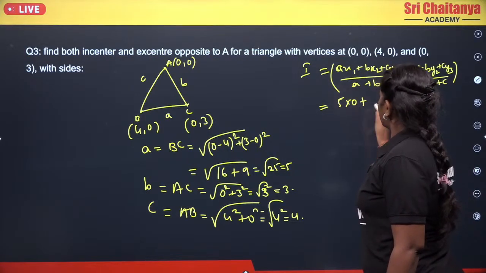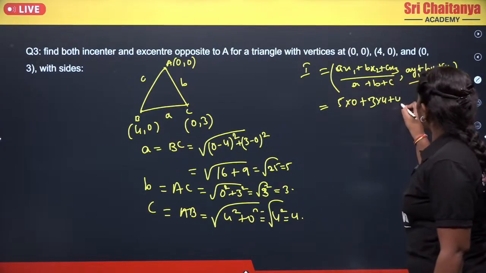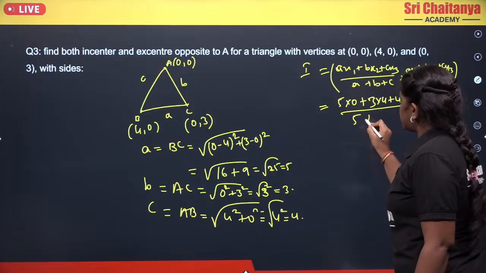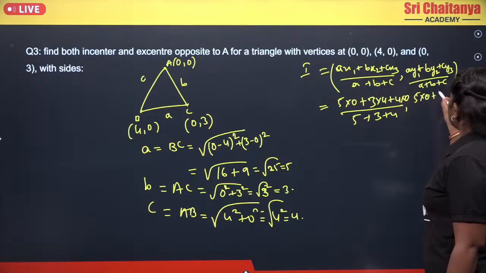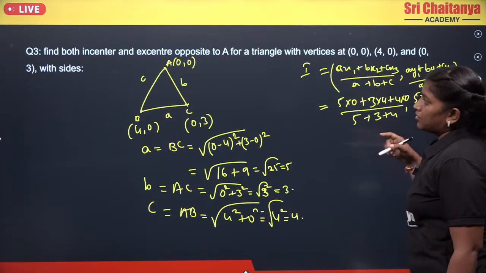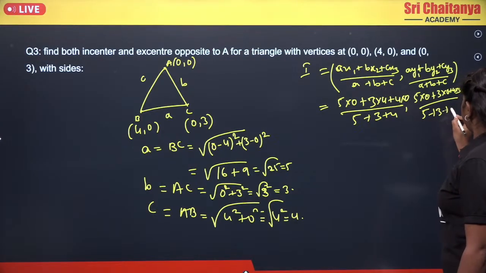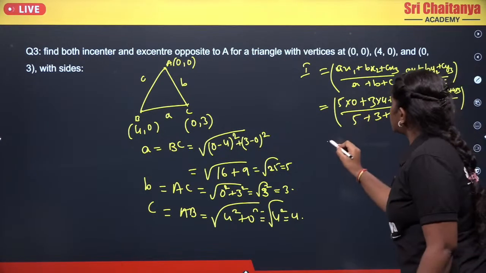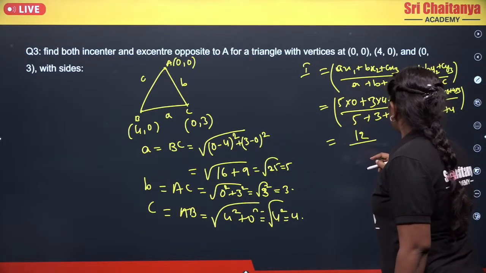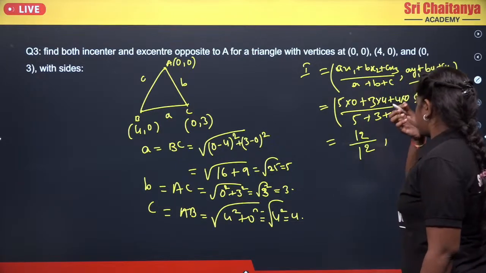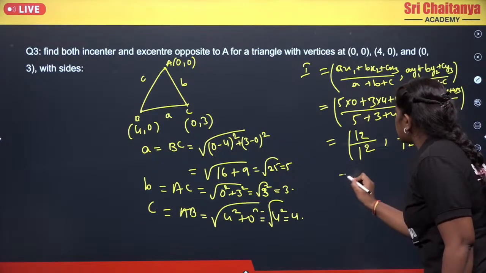So 5 into 0 plus 3 into 4 plus 4 into 0, by 5 plus 3 plus 4. In the same way, 5 into 0 plus 3 into 0 plus 4 into 3, divided by 5 plus 3 plus 4. If you do the calculation, the zeros vanish, and 3 fours are 12 by 5 plus 4 is 9, 9 plus 3 is 12. Moving to the next, 4 threes are 12 by 12.